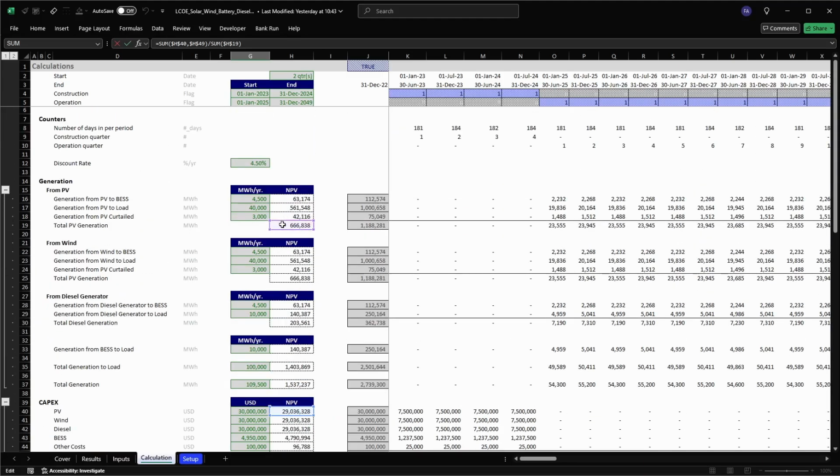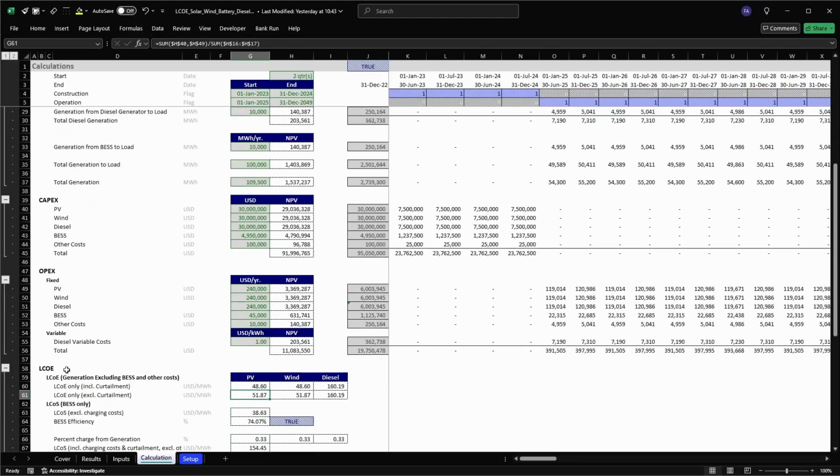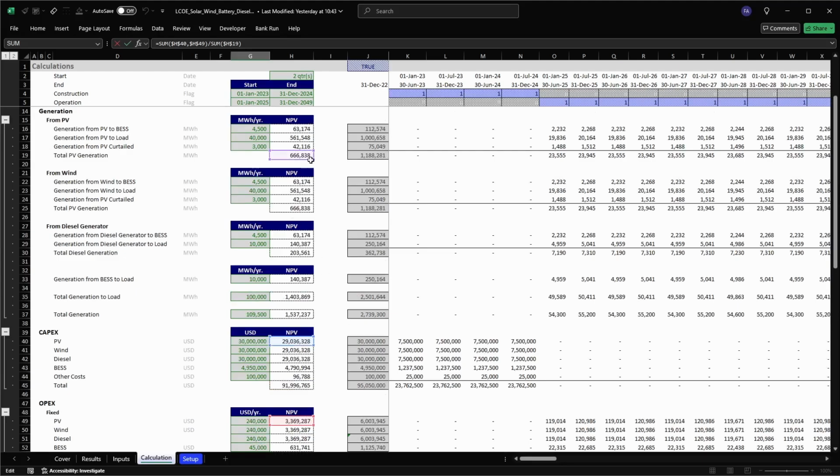So in here, I'm including the curtailed electricity produced as part of the LCOE, and that's why this is the LCOE including curtailment, okay? So let's press F2 again. You can see that I have the capex, the NPV of the capex, the NPV of the opex, and I'm dividing it by the NPV of the total generation by the PV asset, okay? Considering everything, all right? So that's the LCOE for the PV.